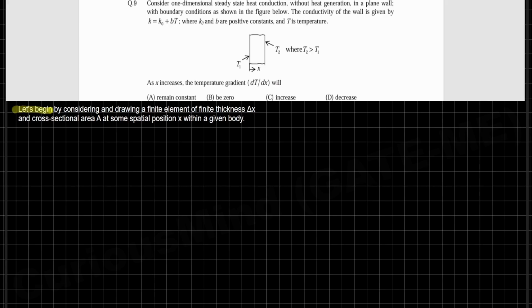Let's begin by considering and drawing a finite element of finite thickness delta x and cross-sectional area A at some spatial position x within a given body, such as this plane wall.